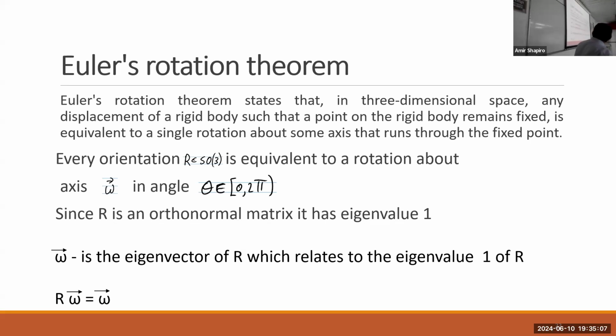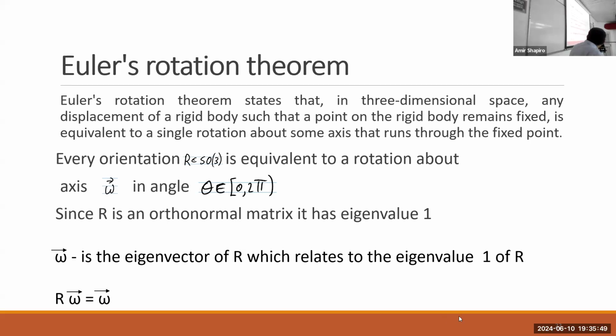So R omega equals lambda omega, but lambda is 1, so R omega equals omega. The question is which vector, after I rotate it, remains the same vector. This is the rotation axis. When I rotate around some axis, the only vector that doesn't change is the rotation axis.